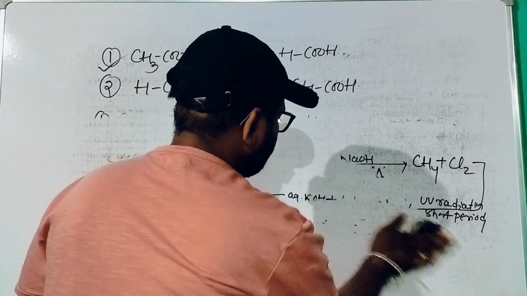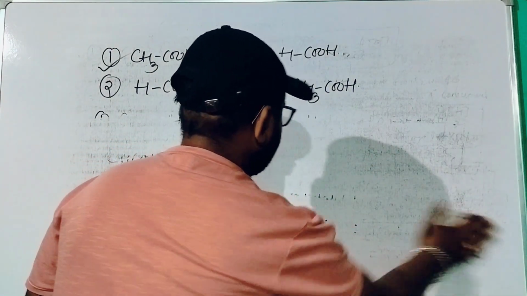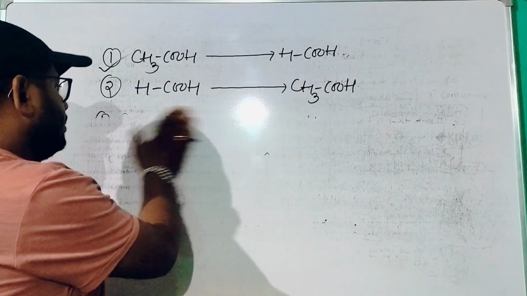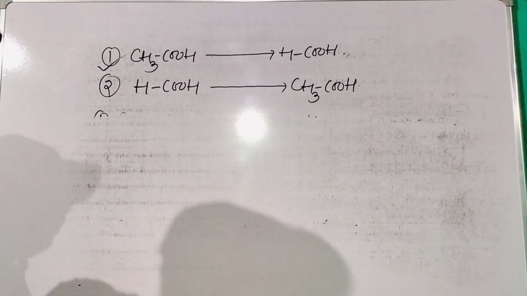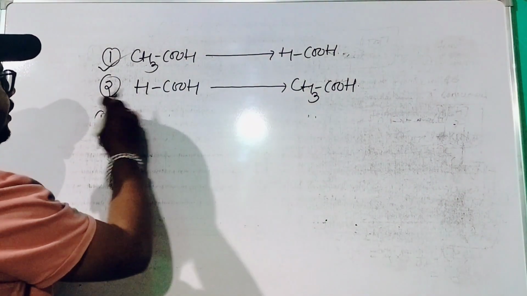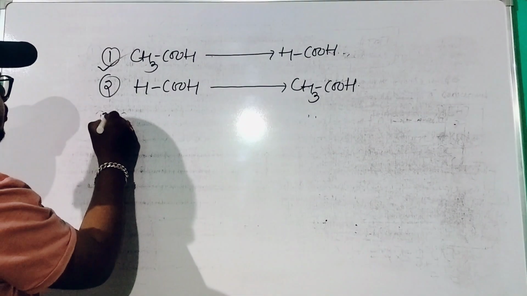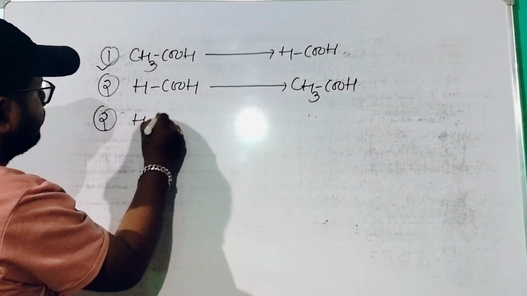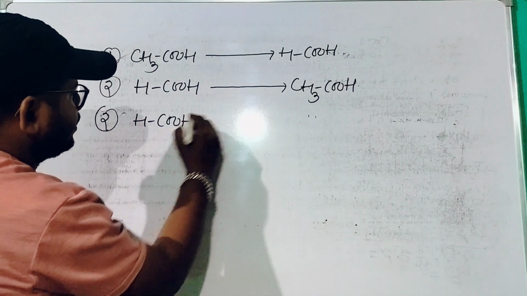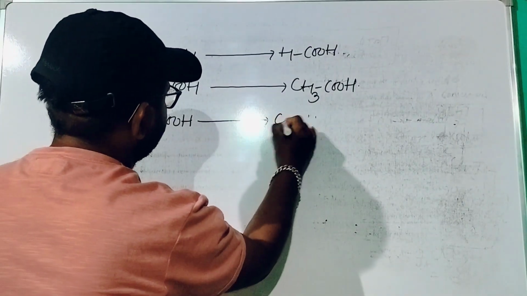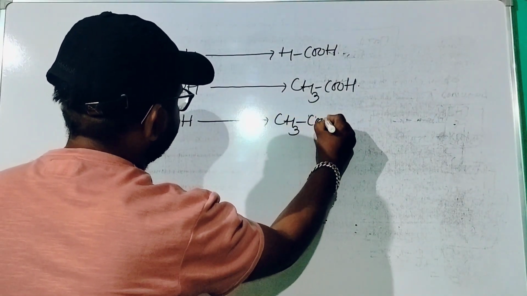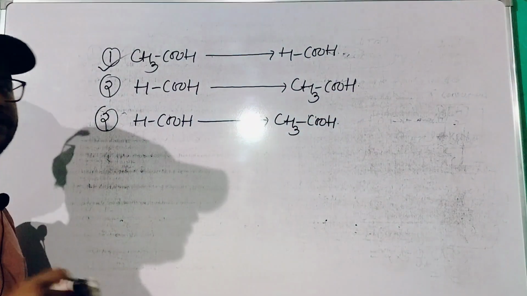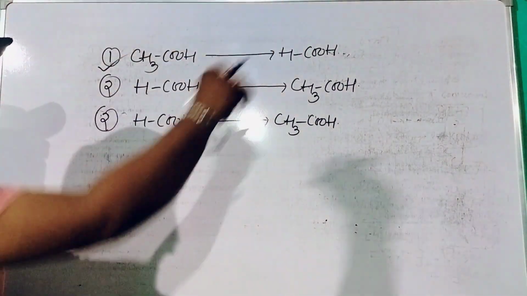And our next conversion is convert formic acid into acetic acid. Let's do it.